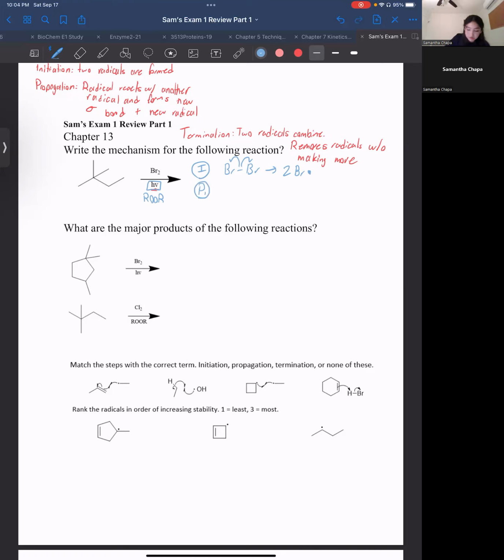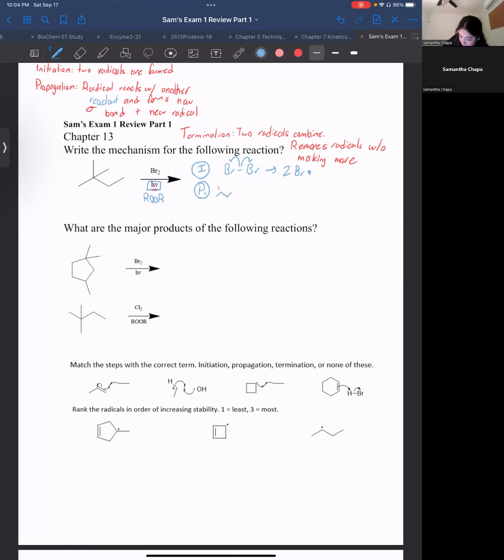Then I have propagation. This is my first propagation. And this is when a radical reacts with another reactant and forms a new pi bond and a new radical. There we go.